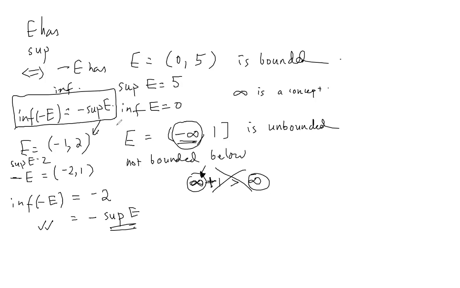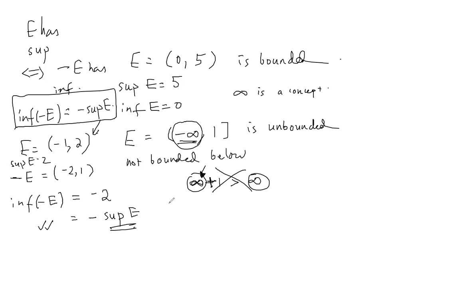Sir? Hello, sir? Yes. So basically, for all sets that are unbounded, there's no infimum and no supremum? Yeah. So if it's the infimum and supremum, they are bounds. If it's unbounded, there's no bound. Then if it's infinity, there's no bound. Yeah, so basically the second set that goes from minus infinity to 1, we can't say that 1 is a supremum because the whole set is... You can. Yes, you can.